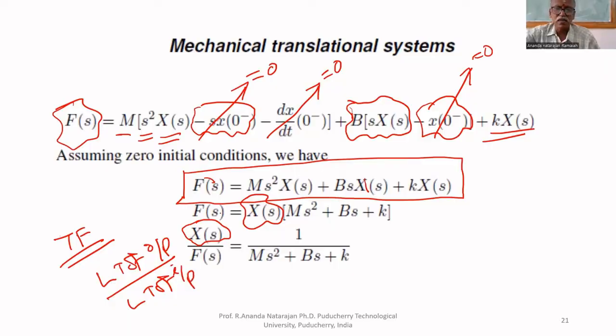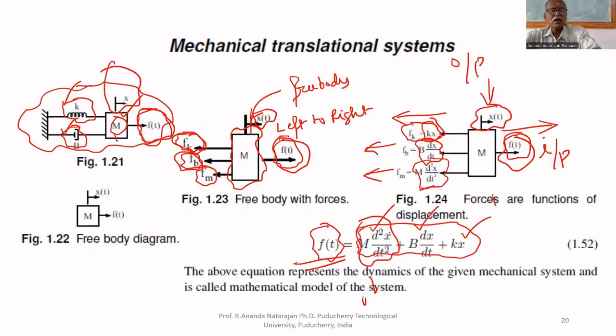Here the output is the displacement x of s, and the applied force is the input, f of s. Therefore, from this equation, x of s upon f of s equals 1 by m s square plus b s plus k. This is the transfer function of the given mechanical translational system.